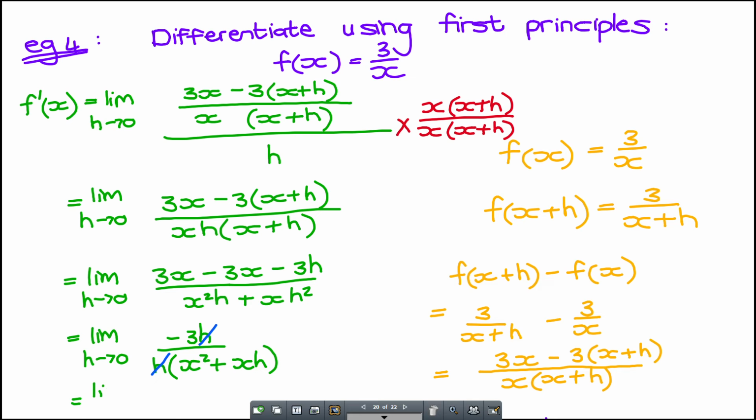Yes. Can you still see? So minus 3 over, can you still see? Okay, the bottom part is x squared plus xh.